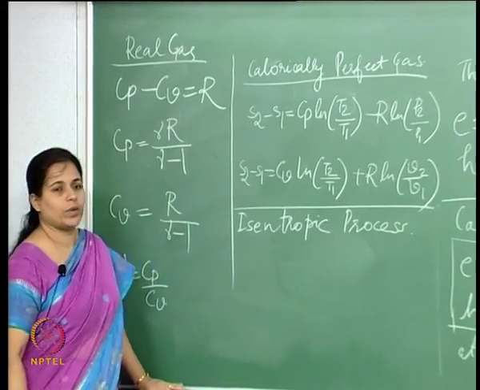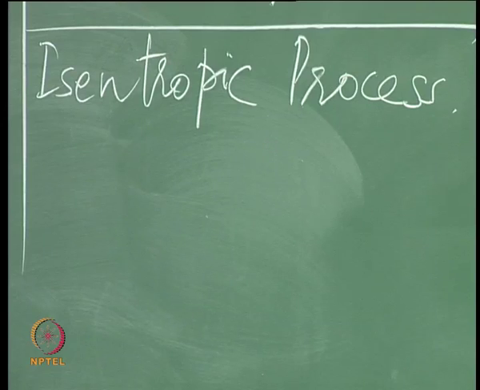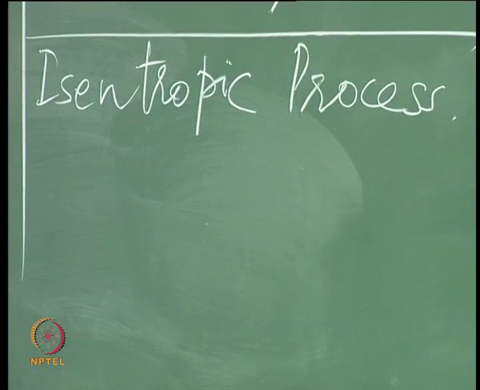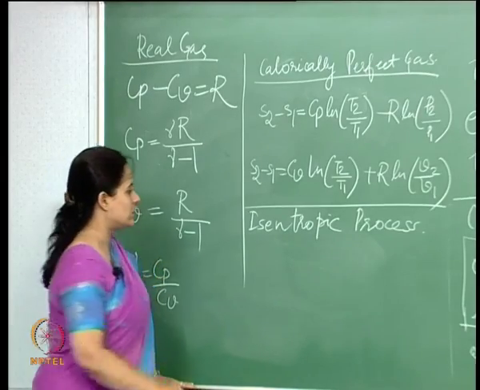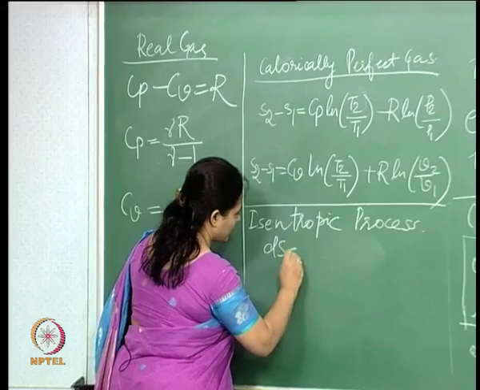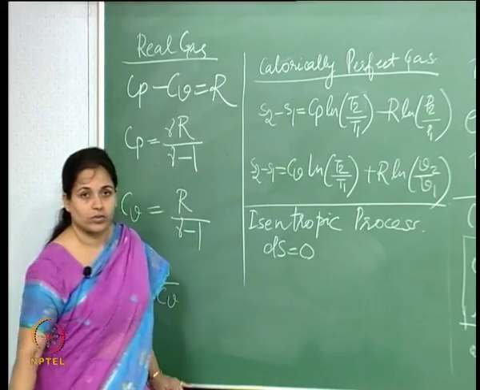And then the isentropic process. An isentropic process is adiabatic and reversible, and what is the mathematical quantification of that? That the entropy is constant, right. So, ds is 0.